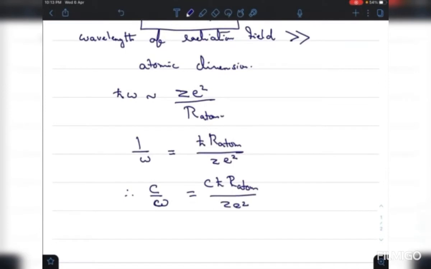And we know that c by omega is nothing but lambda bar.